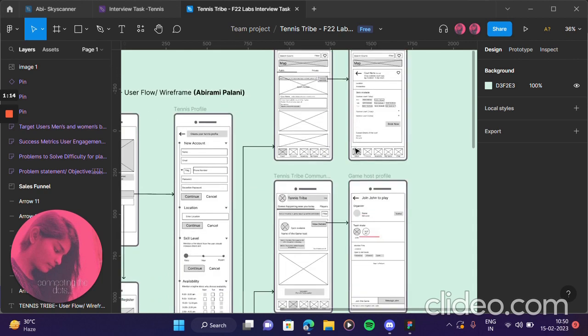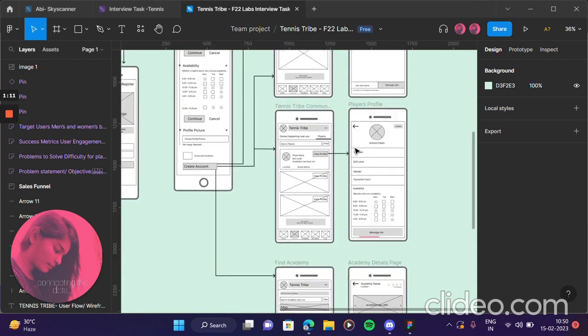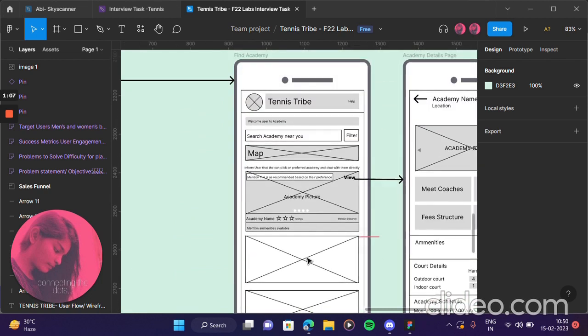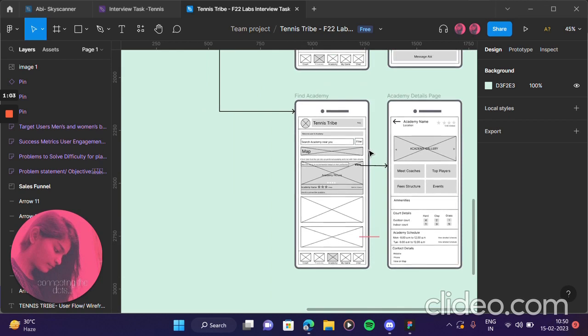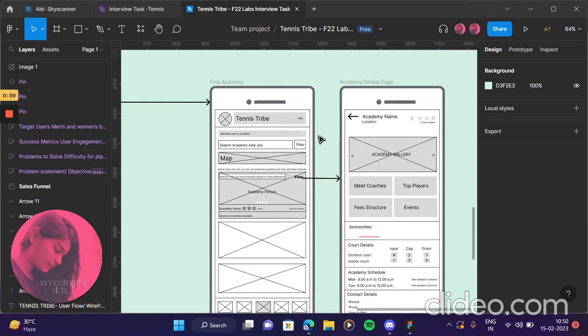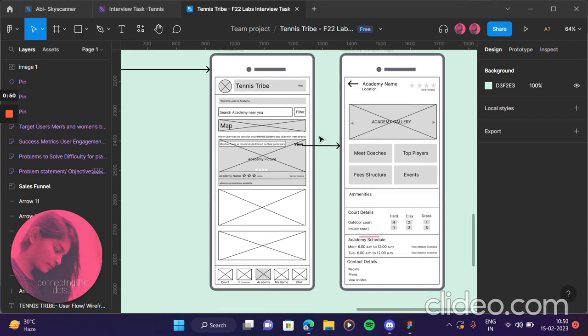And when it comes to the fourth flow, this is the academy. I observed that most people are not aware of the apps available out there, but they are already part of an academy.